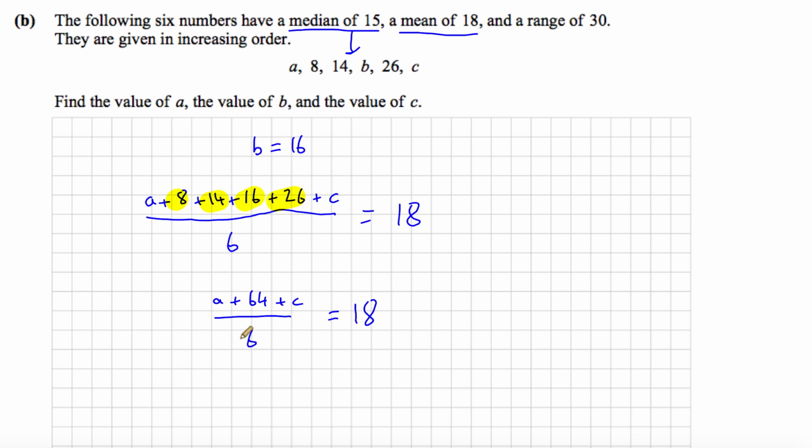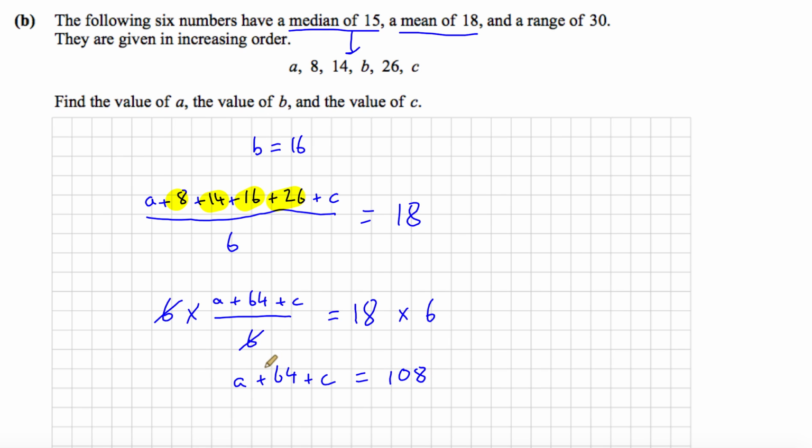So now, to get rid of the fraction, we can multiply both sides by 6. When we multiply this fraction by 6, the 6's cancel and we're left with A plus 64 plus C is equal to 6 times 18, which is 108.